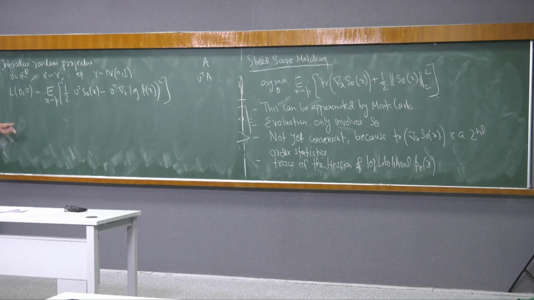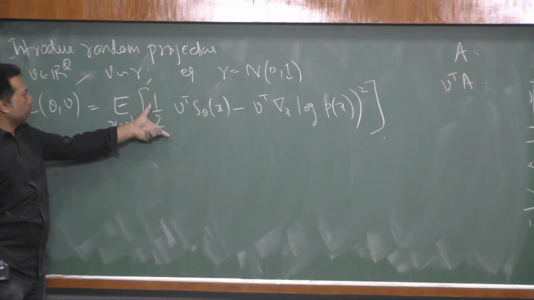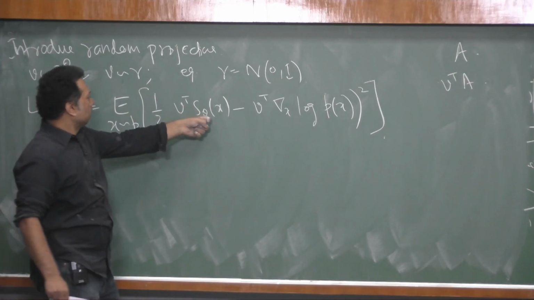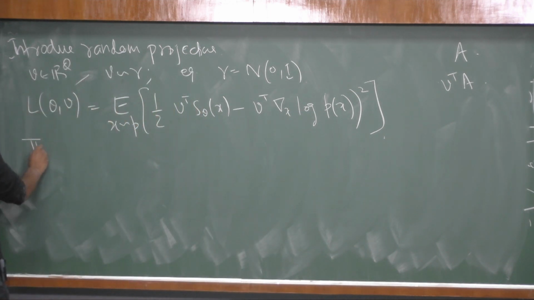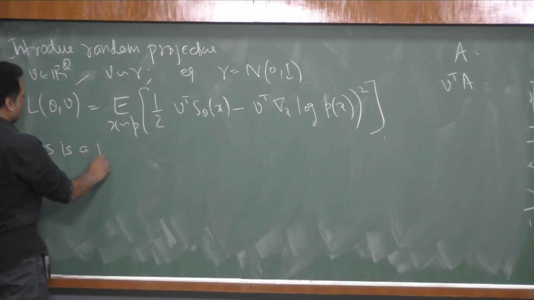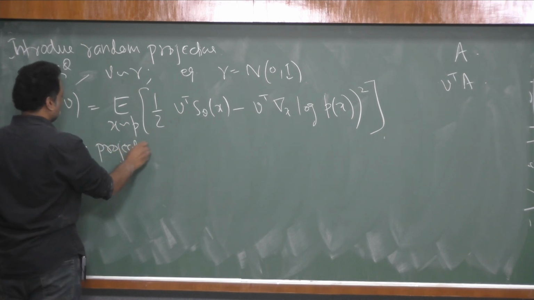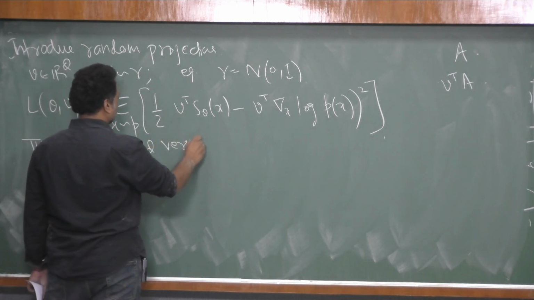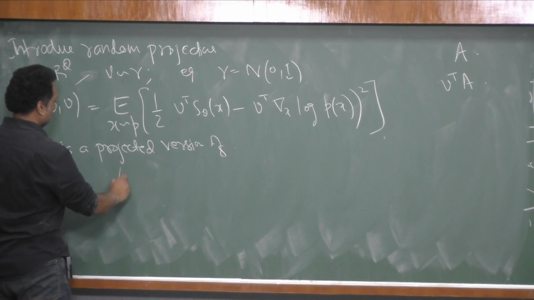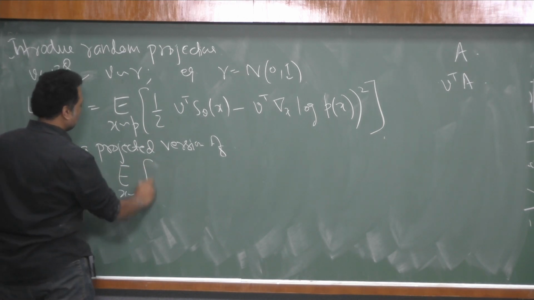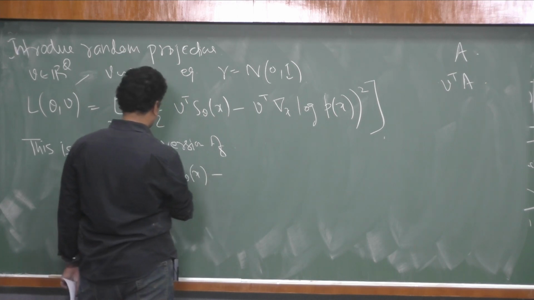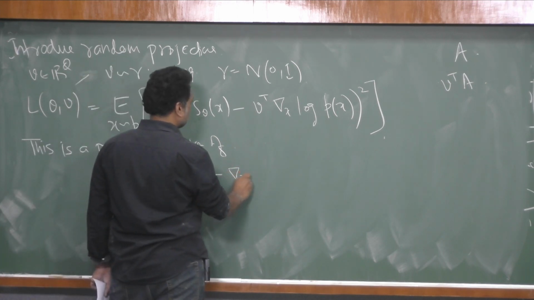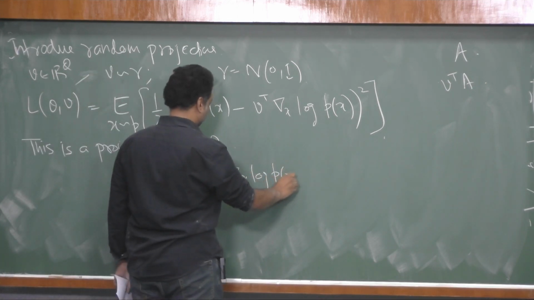We started from the original equation, right? If you recall, the original equation was s theta minus... so let me write it down. This is a projected version of the expectation over x ~ p of half the norm of s theta x minus grad x log p x.